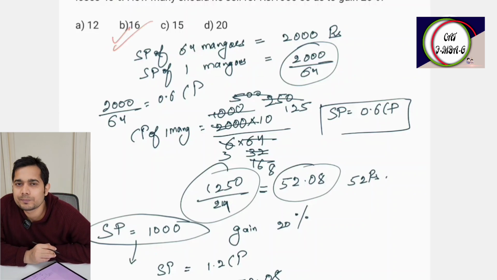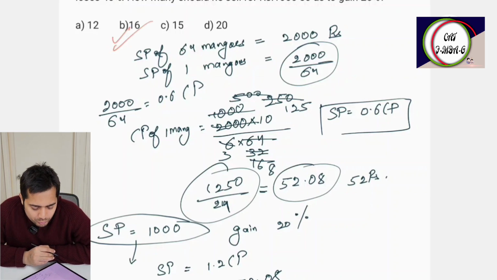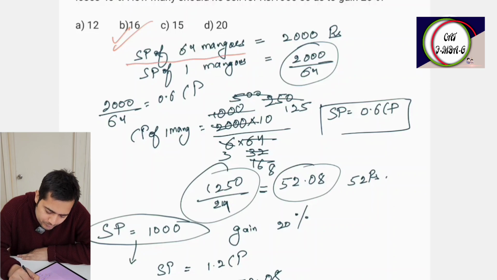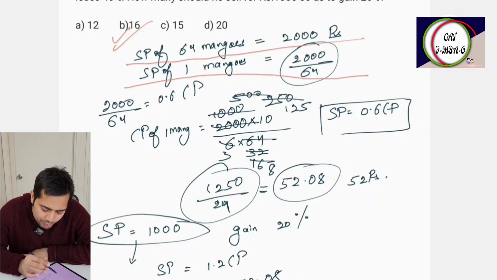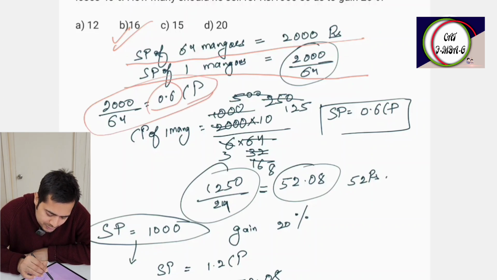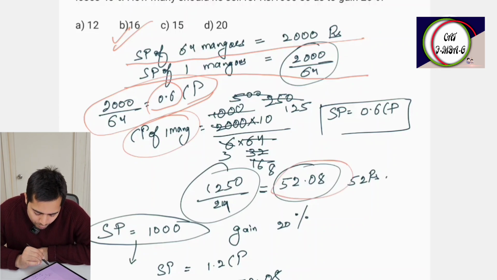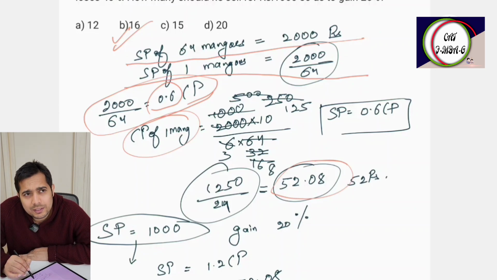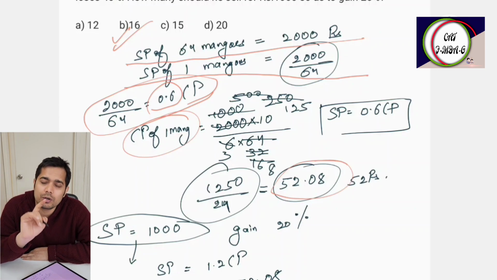Got it how I did it? First we found out what is the selling price given. From that we found out the selling price of one mango. Then we found out loss is given 40%. Then we found out what is the cost price as per the loss. So the cost price of one mango we found out. From that we found out that in the question it is asked that he has to sell at a profit of 20% instead of a loss of 40%.